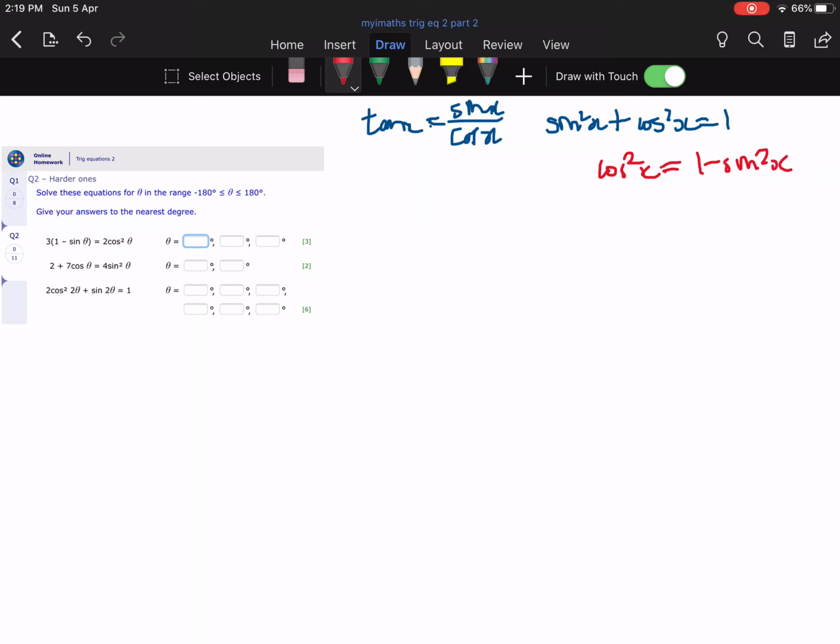So if I look at question 1, I'm going to just expand the brackets, 3 minus 3 sine, and instead of writing theta, I'm going to just do x because it's easier for me to write, is equal to, and I'm going to change cos squared x into 1 minus sine squared x. Now, why did I do it? I did it so that it was all in the same notation with sine.